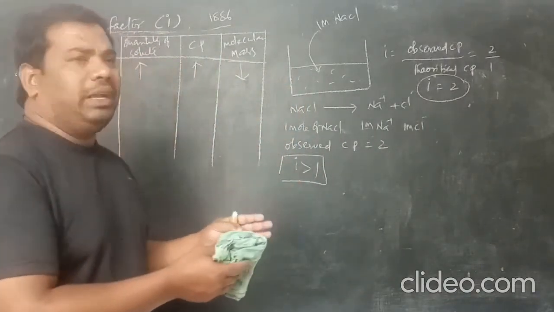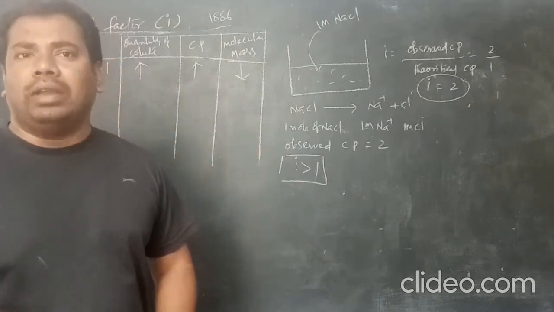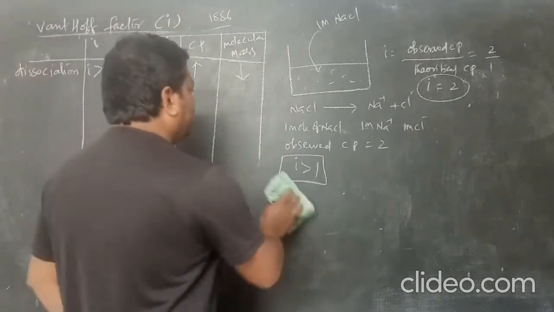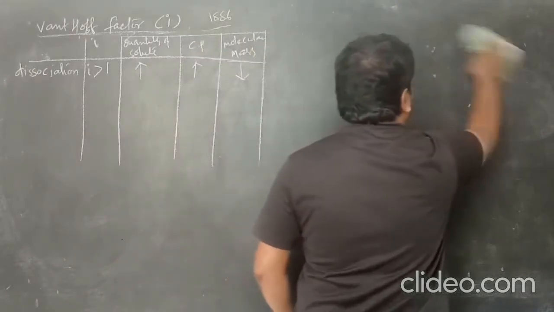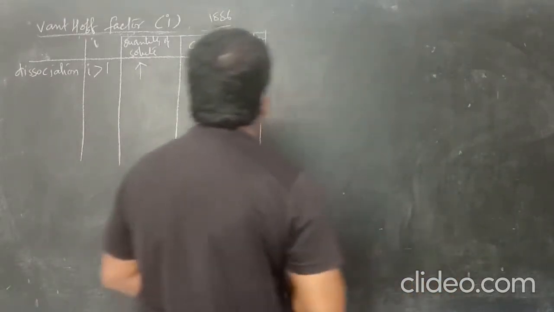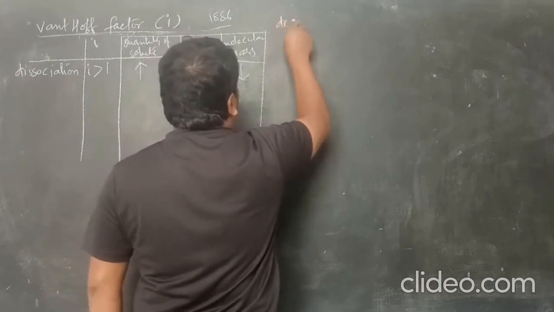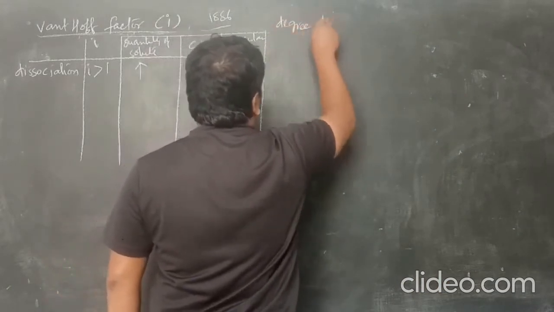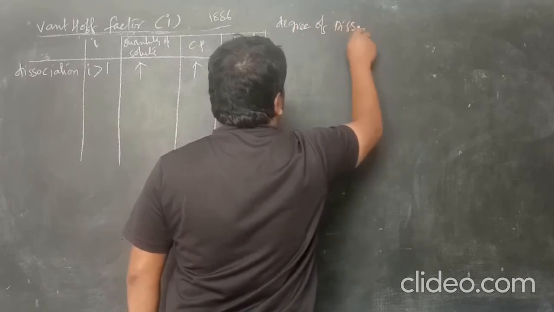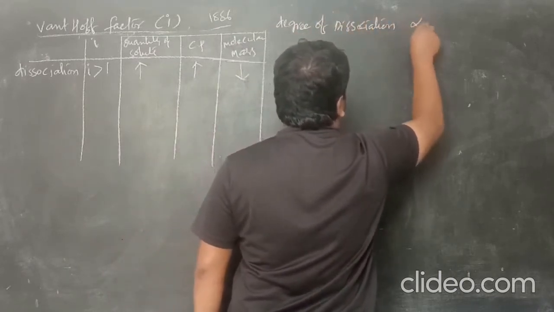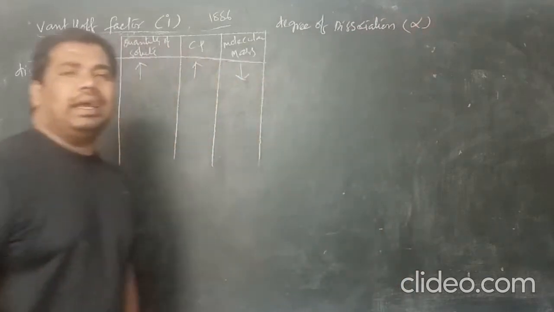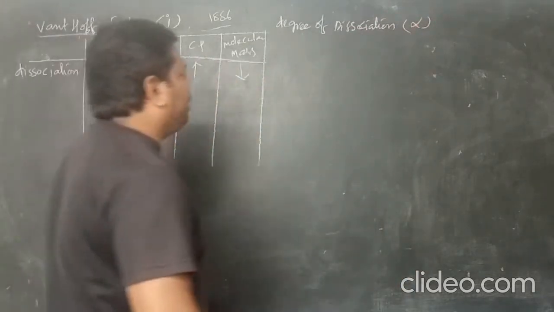a relation for when the electrolyte solution dissociates. So we will find out the degree of dissociation, which we can assign as alpha. So what is degree of dissociation?